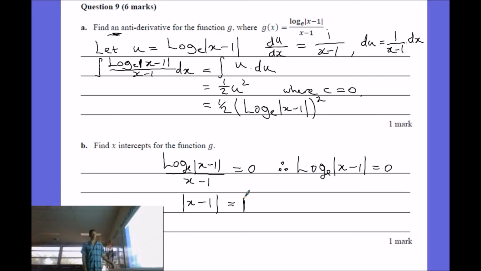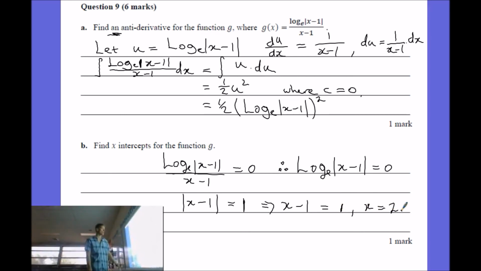Okay, so what is the effect of the modulus of this? Well, this gives you two possibilities now. It's when x minus 1 is positive overall. When that is a positive value overall, then the modulus returns just the positive of it. When that is equal to 1, that means x is equal to 2.